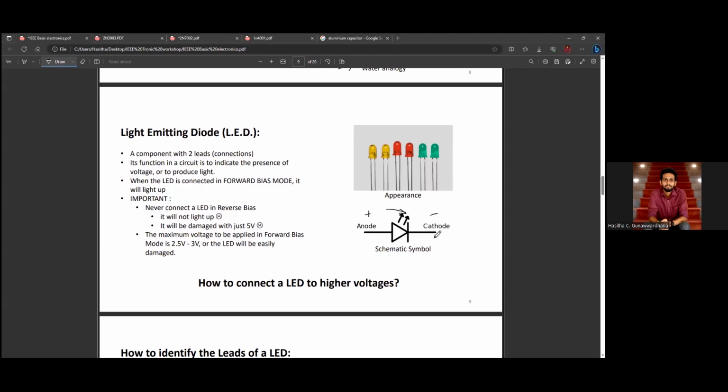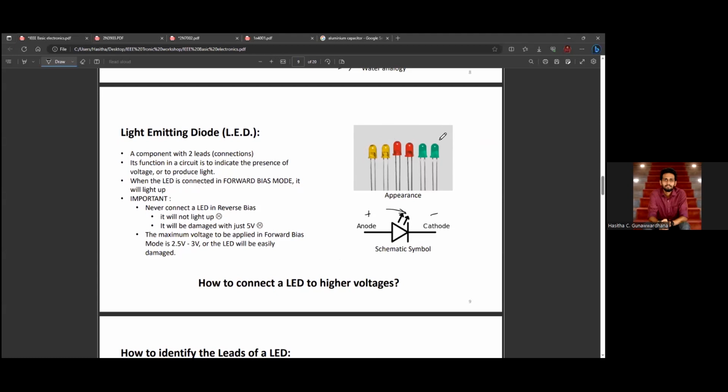But if we connect it to a higher voltage like 12 or 20 in the wrong direction, this will definitely damage the LED.